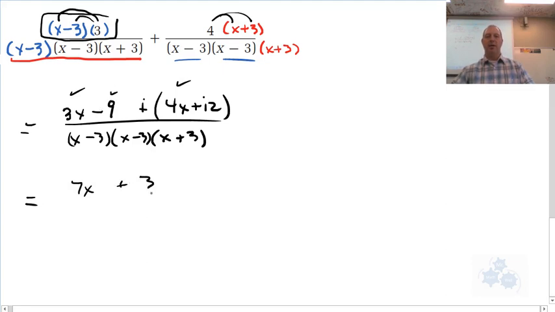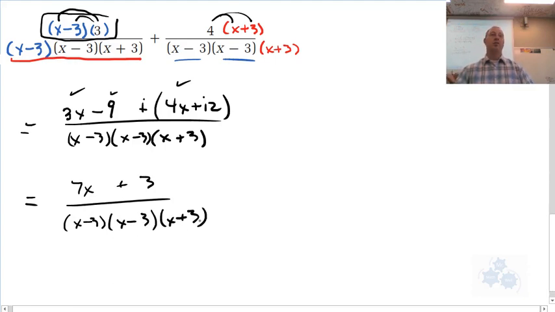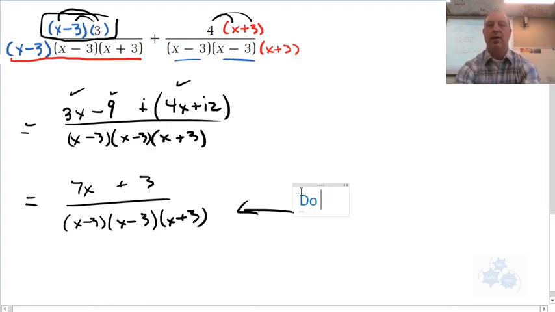That would be 3. And then over here you have all of these factors. This is also an important note. You do not have to multiply all these factors together. That'll take you 5 minutes. That you do not have to do. Okay? Simplified form, remember, for a rational is factored. So that's good. So don't multiply these out. Okay? You do not have to multiply those out. Let me just write that down here.